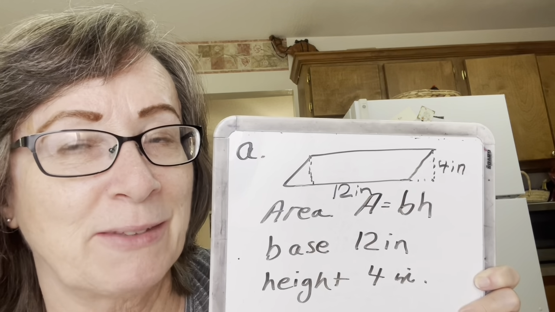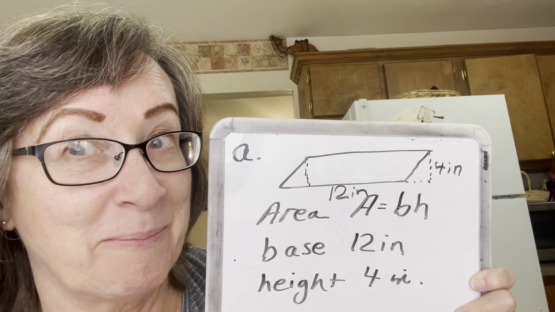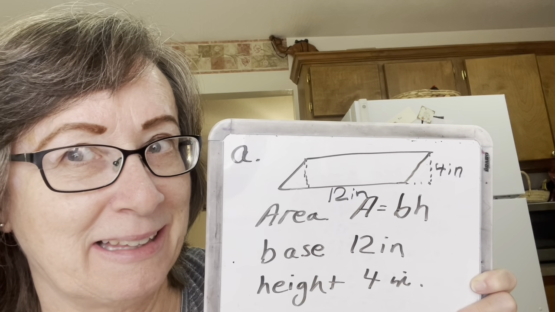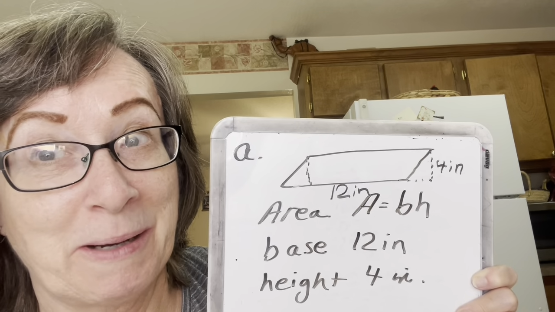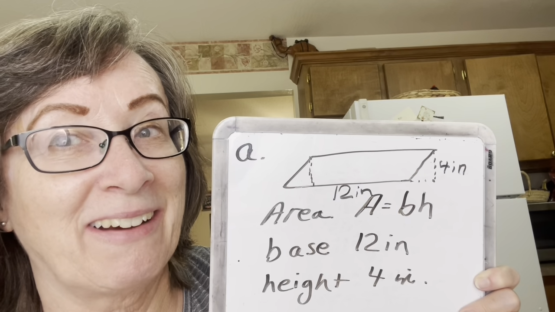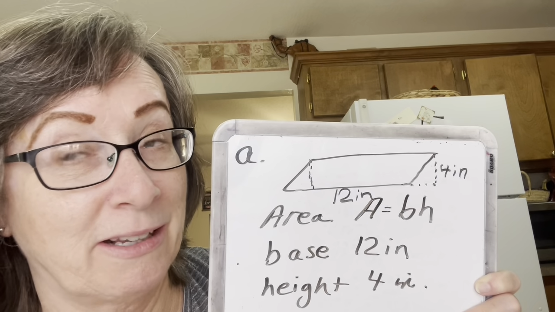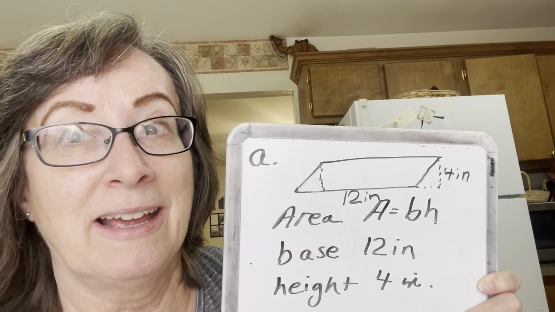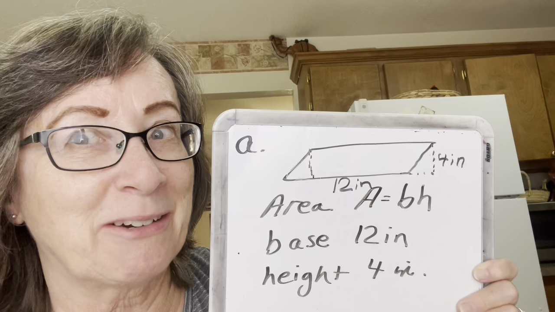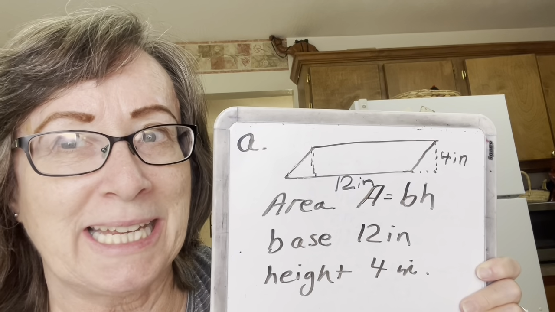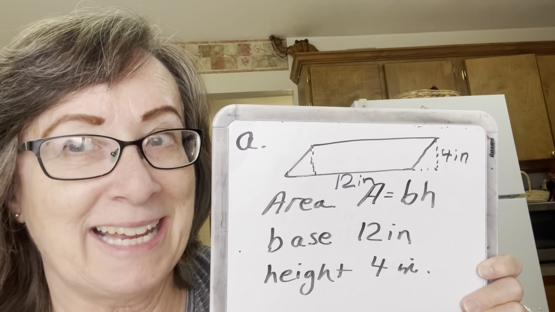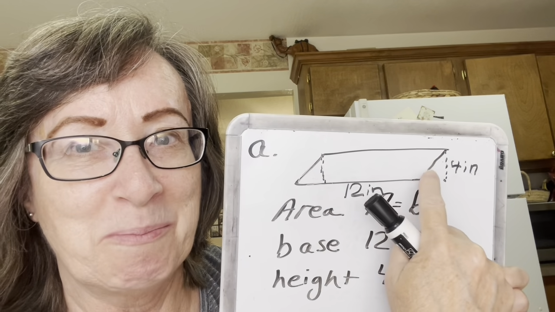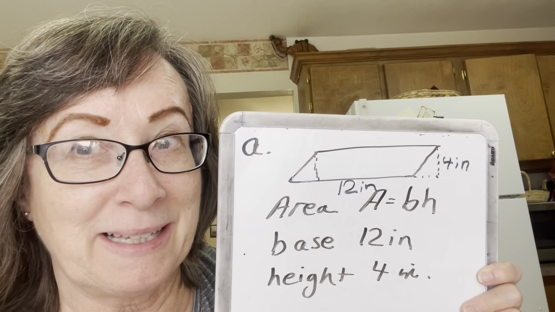So wouldn't the rectangle have the same base as the parallelogram? And a rectangle's area is base times height. And a parallelogram's area is base times height, but they're not talking about the slant height, they're talking about the straight down height. That's because a parallelogram can very easily be turned into a rectangle just by slicing off a little triangle and putting it over there on the other side like a puzzle piece.